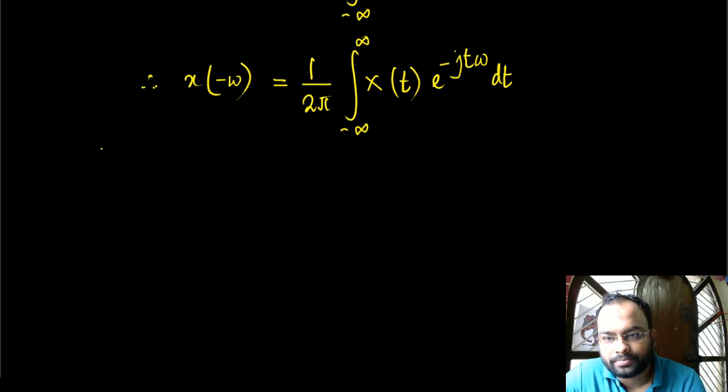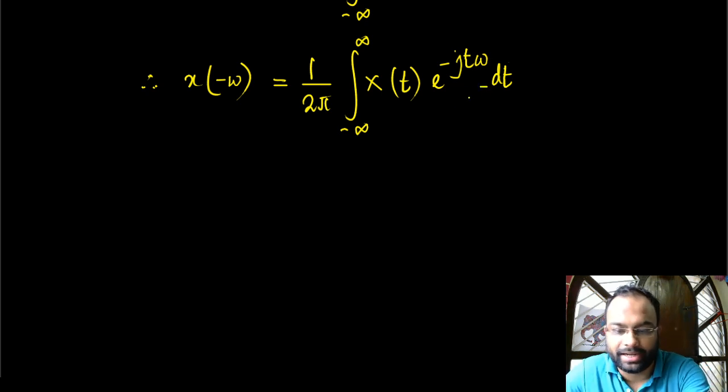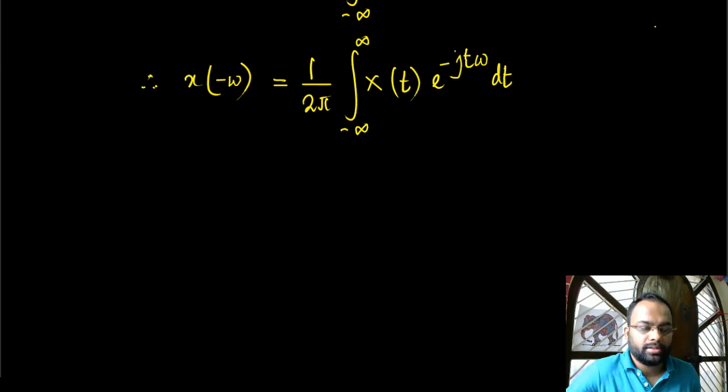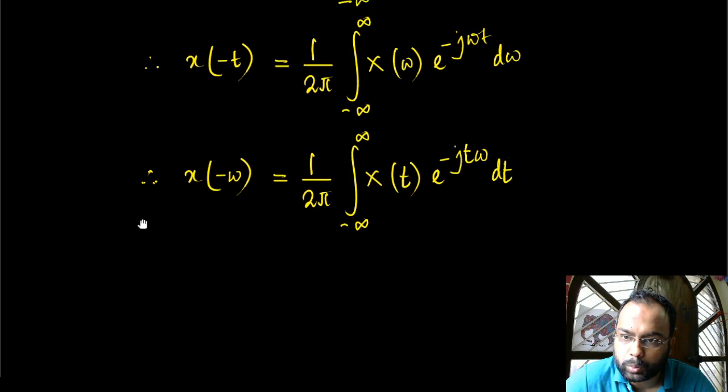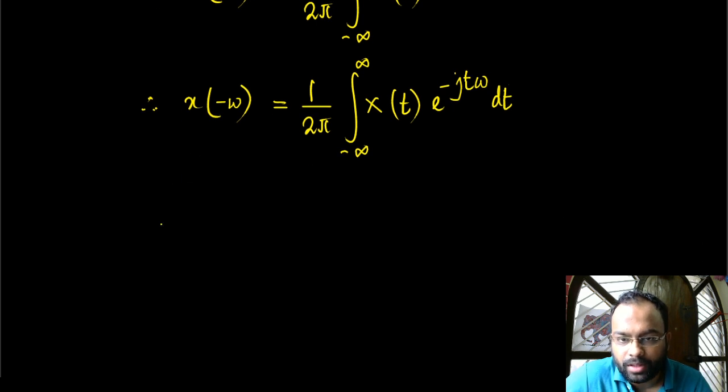But we cannot do anything on x, and I cannot do anything on e. These aren't dummy names, but t and omega are just dummy names. So we have something like this. Therefore, I'm writing this on the left hand side.